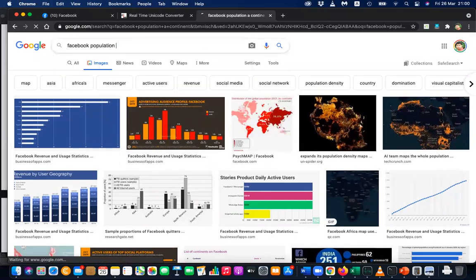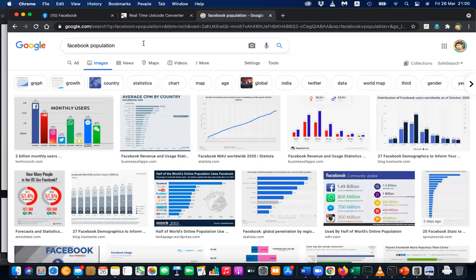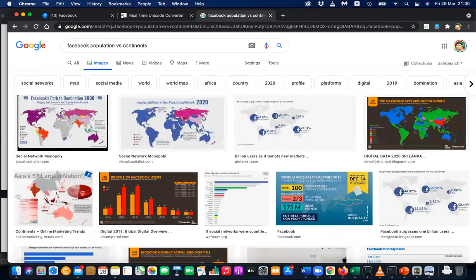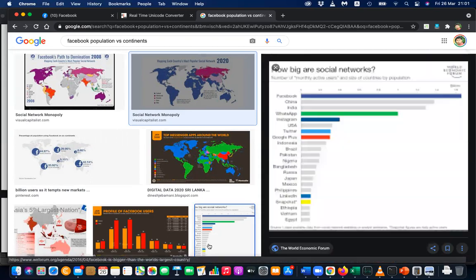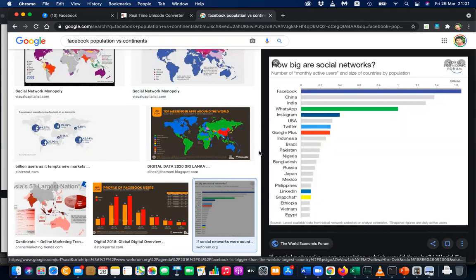Okay, you can see here. If you take Facebook as a country, this is the area that is captured by Facebook.